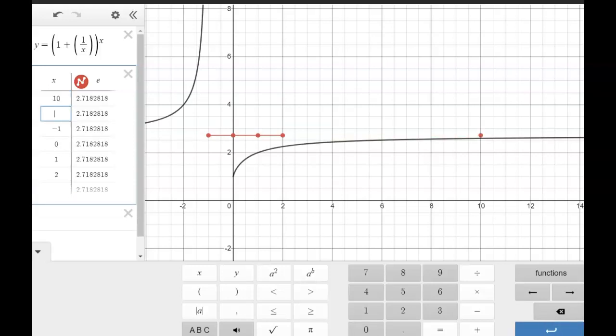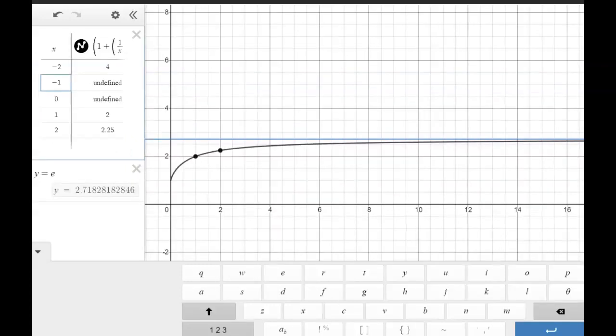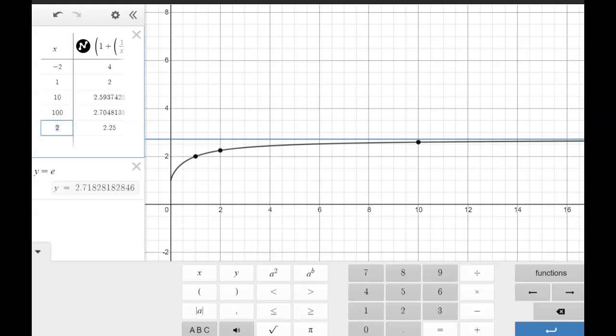Oh, I'm not using the correct graph. Okay, so I'm going to enter a number like 1, and that's e to the 1. If I enter 10, I get that number. And if I enter 100, I get that number. So I am actually getting closer and closer to the number e.